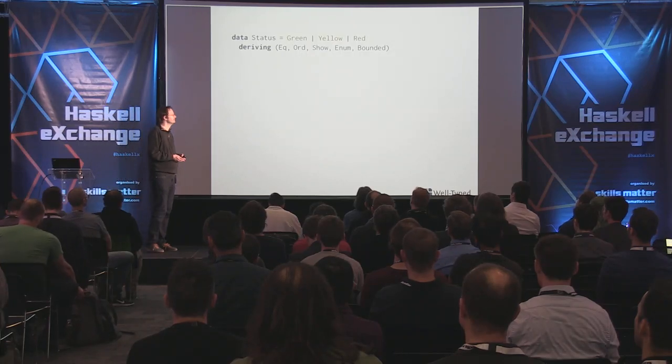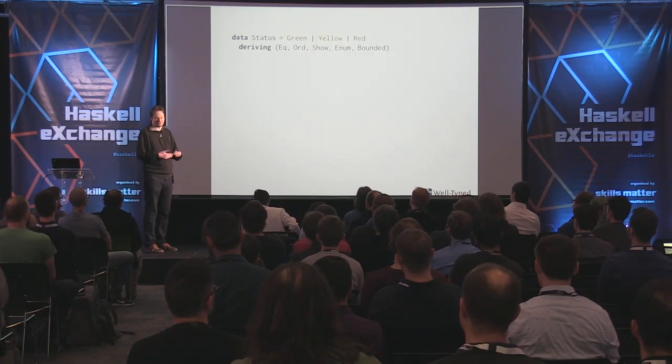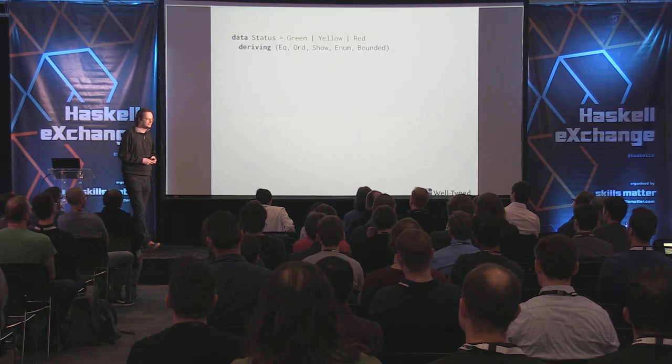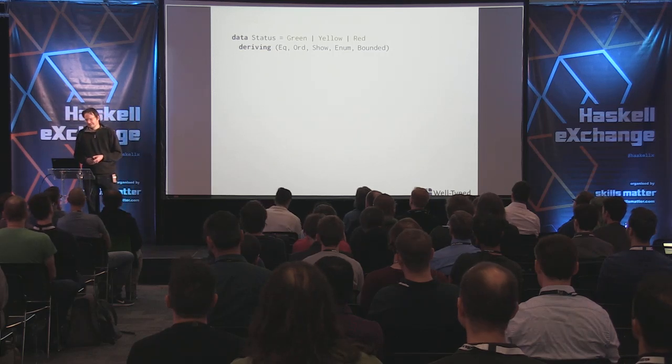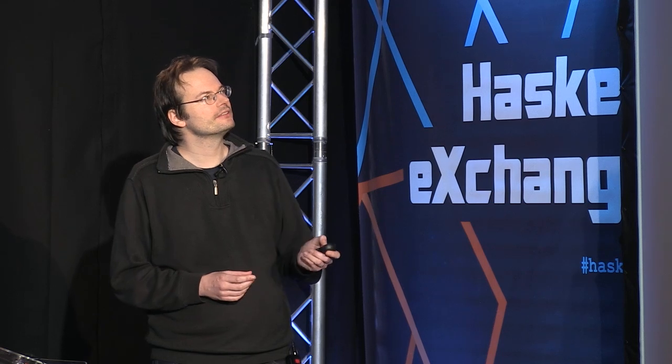Now, this is a problem that has already been solved to a large degree, because if you come to other classes that are not supported by GHC directly, let's say something like FromJSON or ToJSON, you might still be in luck, because you can do something like this.